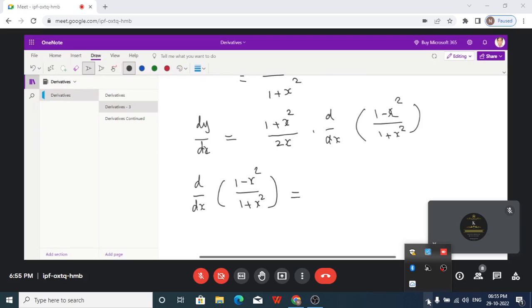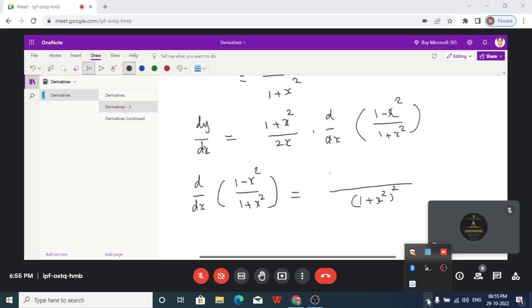So this is like d by dx of some u by v. We can use the quotient rule. What is the denominator? 1 plus x square, v square. Correct? v square.